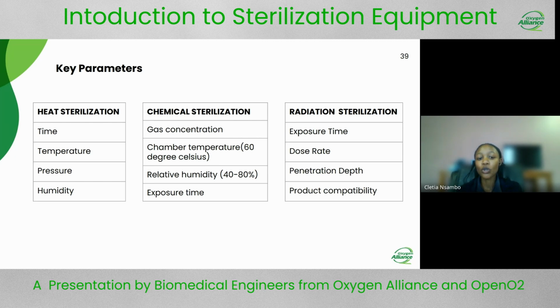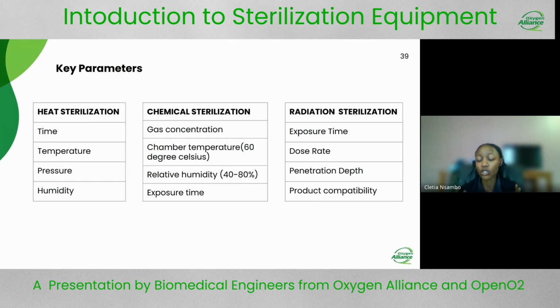Depending on your temperature as well, the humidity might range from 40 to 80%. If your humidity is not set right according to the temperature in the chamber, you're not going to have a successful sterilization.